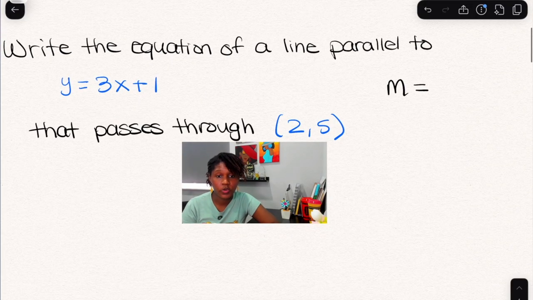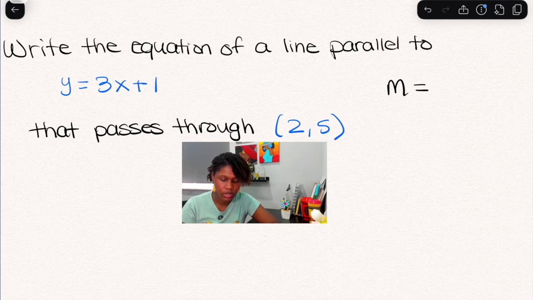In our first problem, we're going to write the equation of a line that is parallel to y equals 3x plus 1 that passes through the point (2, 5). The first thing that we want to do is identify our slope.